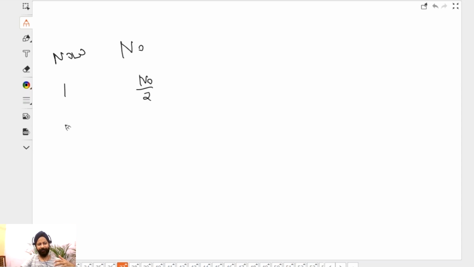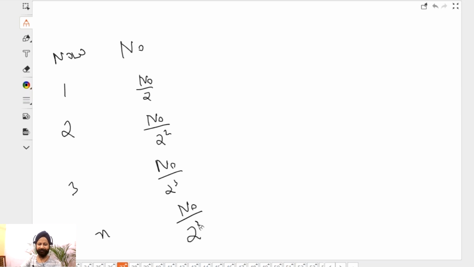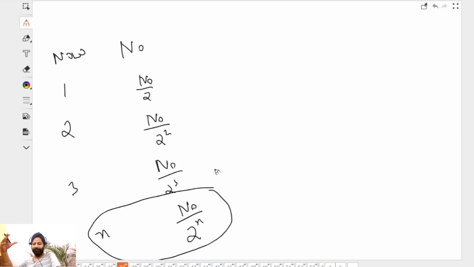After two half-lives, you're going to have N naught by 4, which is actually 2 squared. After three half-lives, you'll have N naught by 2 to the power 3. Taking it further, after n half-lives, you will have N naught by 2 to the power n. So this is the number of nuclei you will have after n half-lives.